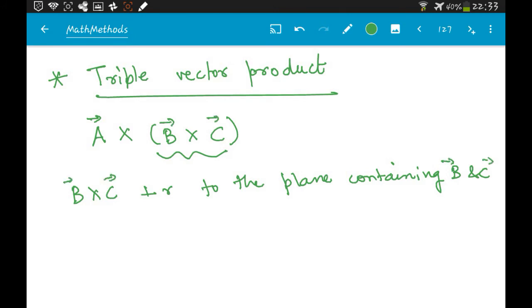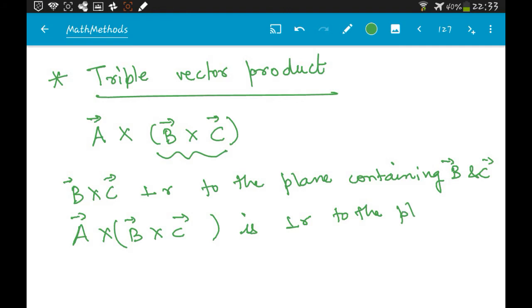And A cross B cross C is perpendicular to the plane of A and B cross C, right?